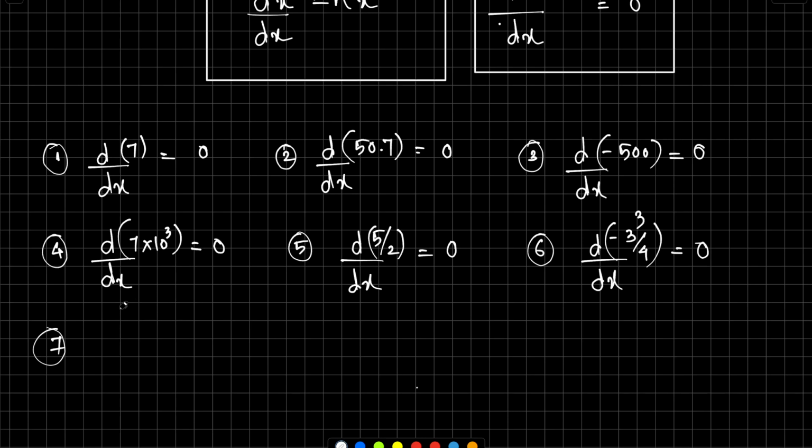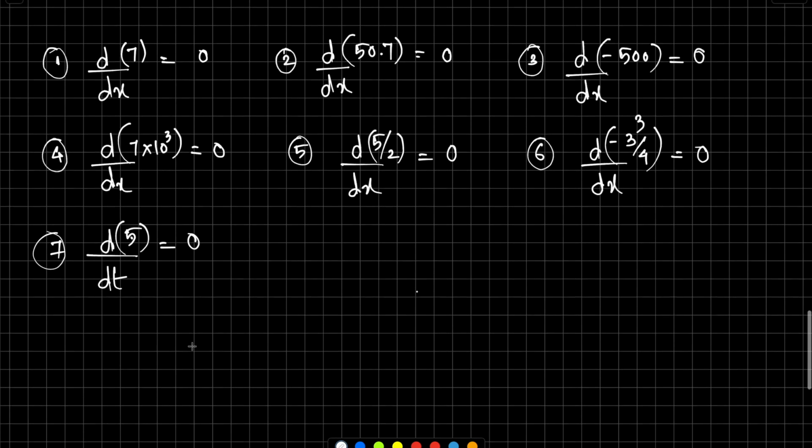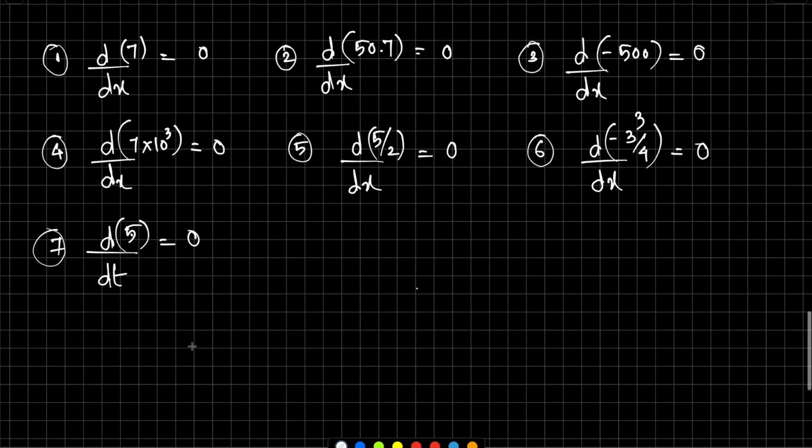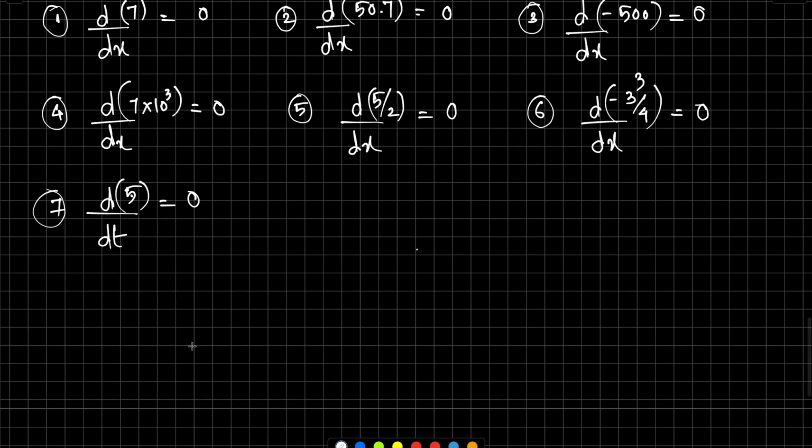Like in physics we use time. It's d by dt, differentiating with respect to time. If you're differentiating a constant with respect to time, like 5 is a constant, so 0. Okay, so that's all about constants. Differential of a constant is always equal to 0.